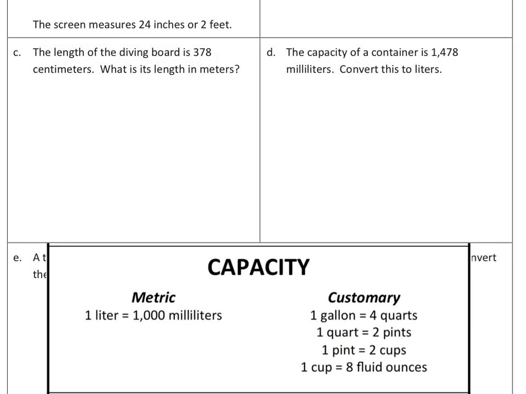All right, let's look at D. We've got the capacity of a container is 1,478 milliliters, and they want to convert this to liters. So looking at our conversion chart down below, 1 liter is 1,000 milliliters. So a liter is bigger than a milliliter.